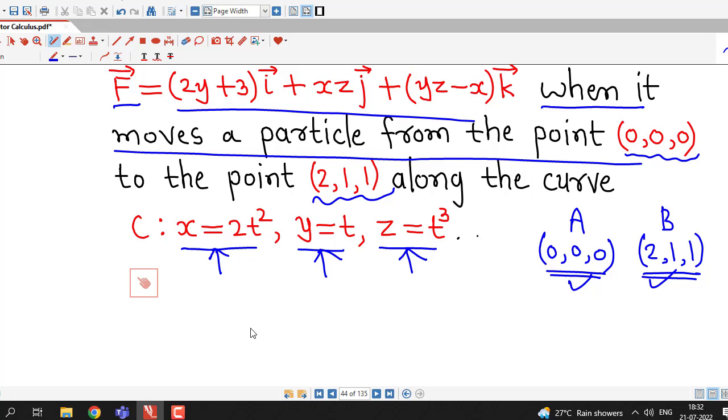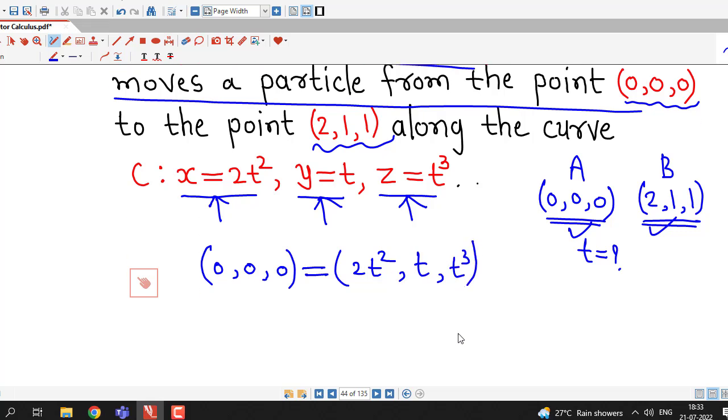For the first point, suppose we compare this point 0, 0, 0, we have to decide for which value of t this x, y, z will be 0, so that we can compare with these values of x, y, z: 2t square, t and t cube.